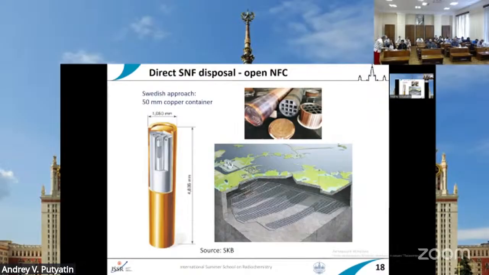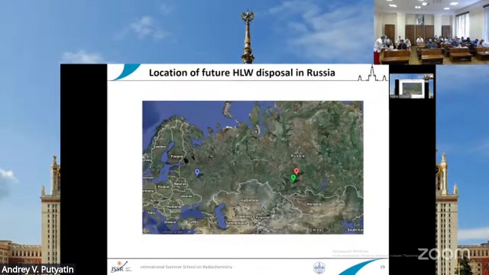So it is a Swedish design, and a few words about our future location in Russia. It is located, so it is Moscow, where we are now. It is the Krasnoyarsk city, about 4,000 kilometers away.